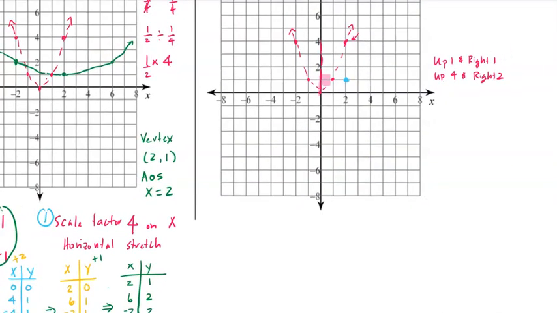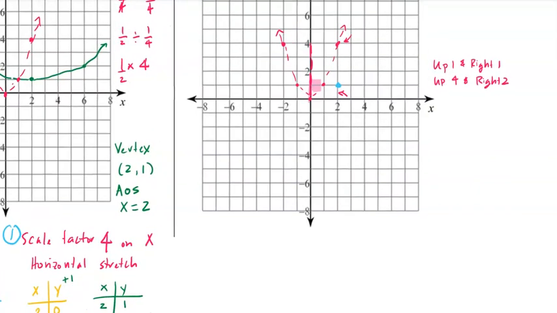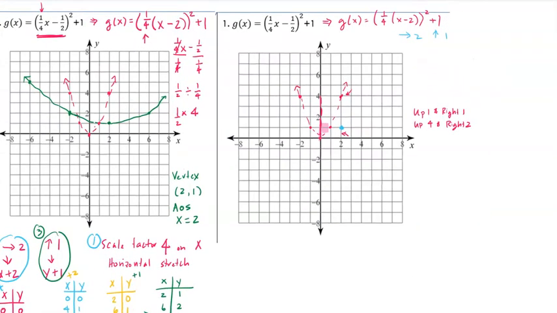Now, from this newly transformed vertex, all you have to do is keep that same movement, but change it based on the scale factor. So the scale factor for this was 4 on the x.